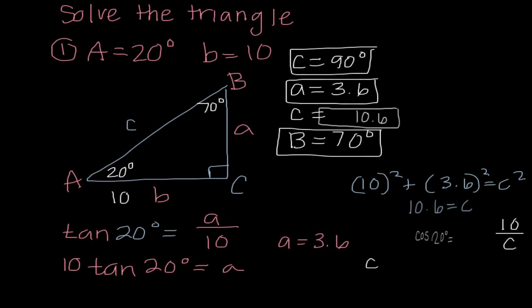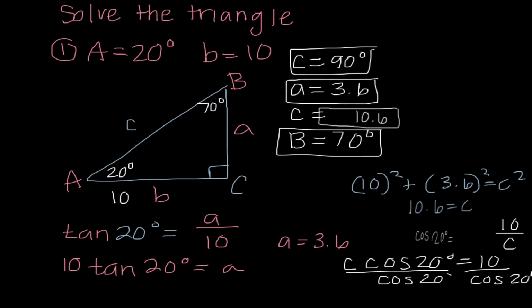So I'm going to multiply both sides by C. So C times the cosine of 20 degrees equals 10, and then divide both sides by the cosine of 20 degrees. And if you put this into your calculator, amazingly, we happen to get 10.6.